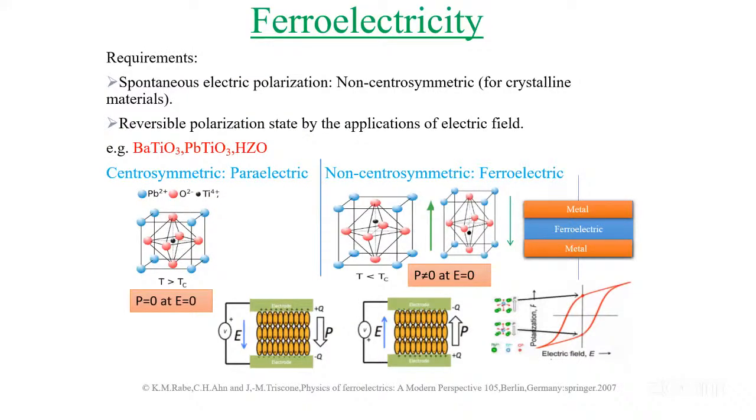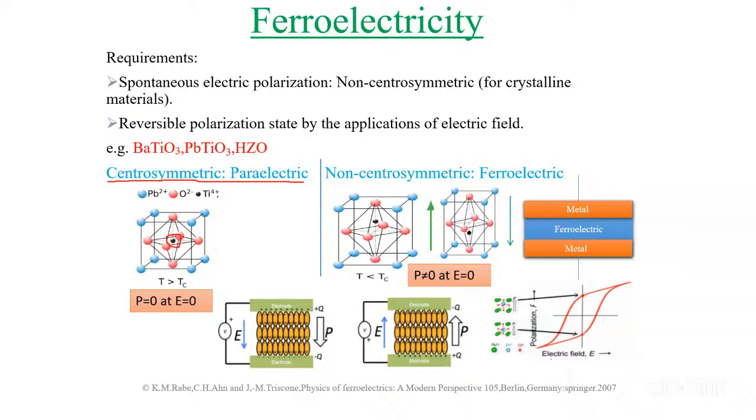So ferroelectricity, I'll just go through quickly. As I told you before, the paraelectric materials are centrosymmetric. It means that there is no deviation of this site from the center.